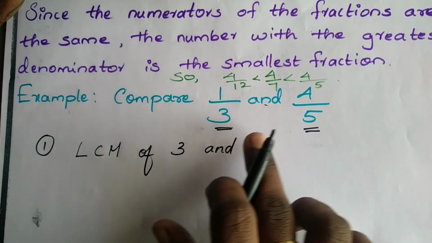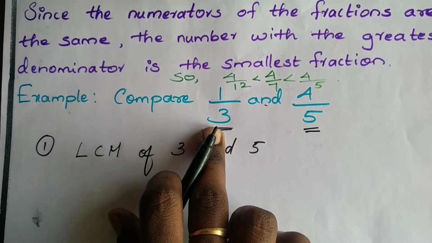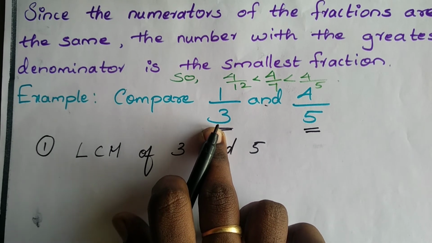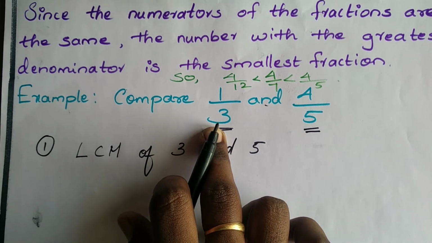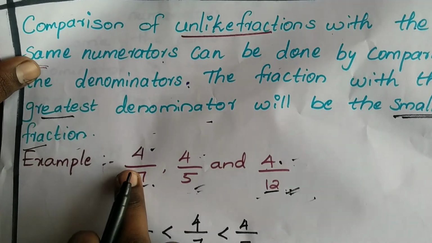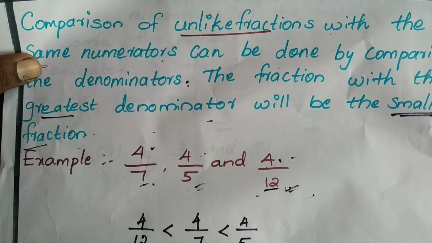Before, in the two examples we saw, we didn't take the LCM. Why? In the first example they are like fractions, and in the second the numerators are the same, so we can easily find which is greater and which is smaller.